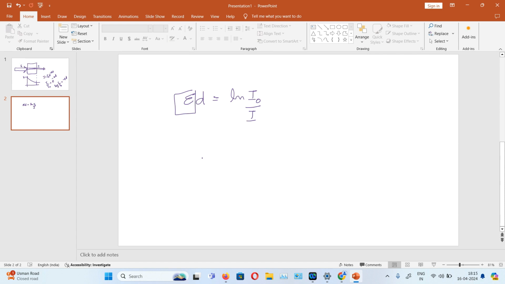This epsilon comprises the nature of the medium as well as the concentration of the medium.